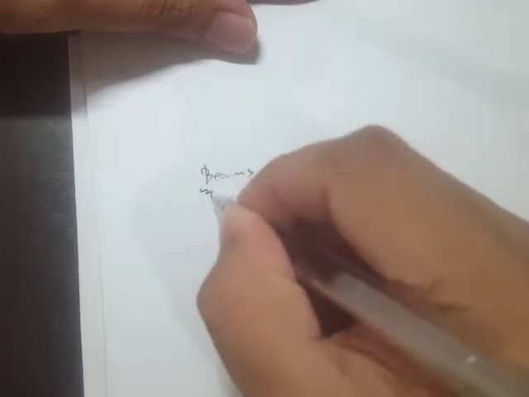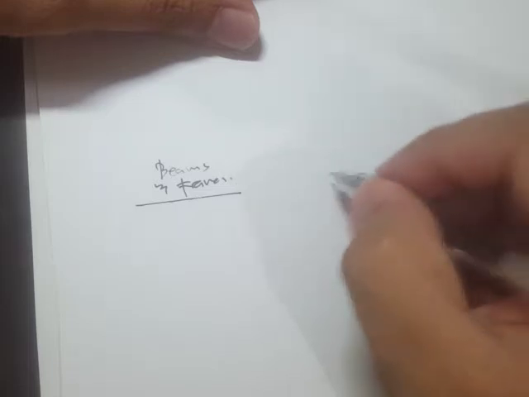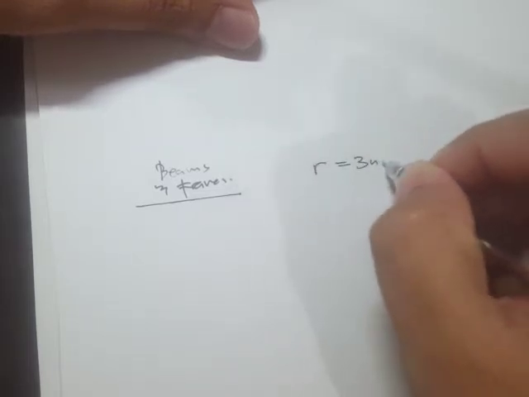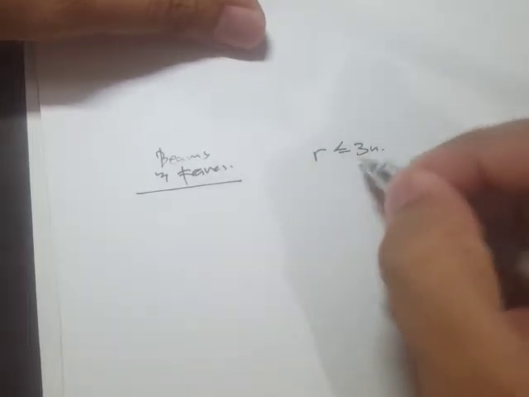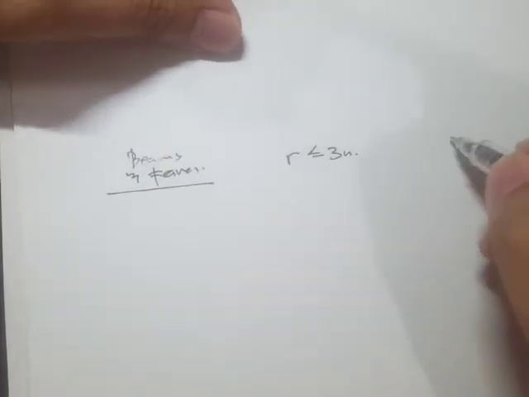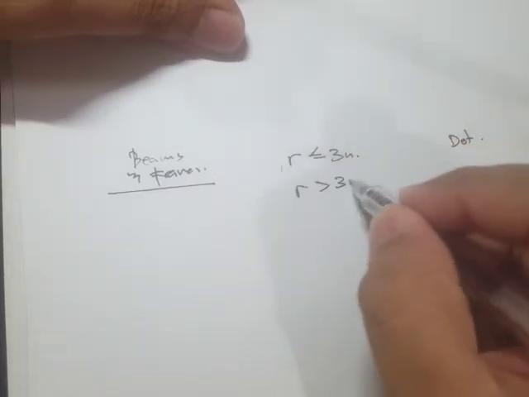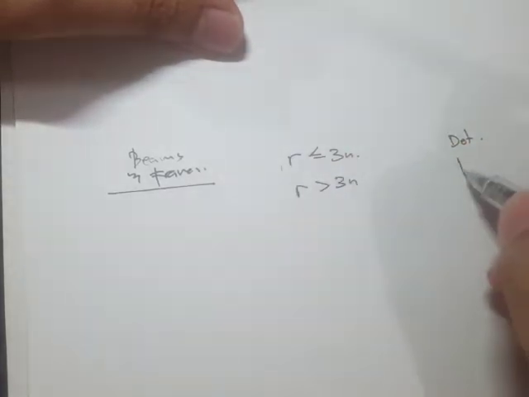For beams and frames, our condition for a 2D system is R less than or equal to 3n. That is determinate. But if the reactions are greater than 3 times n, this is indeterminate.